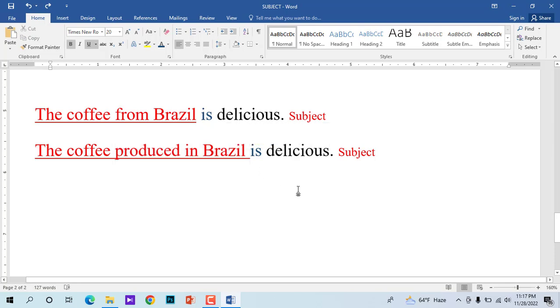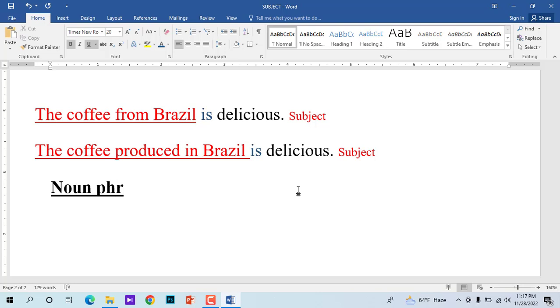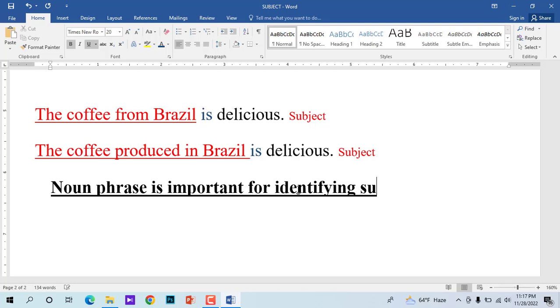In this way, you can identify the subject, and you must know the noun phrase. You must know the noun phrase is important. The noun phrase is important for identifying the subject.